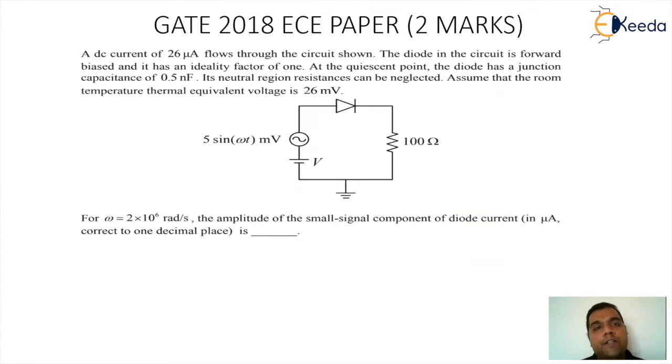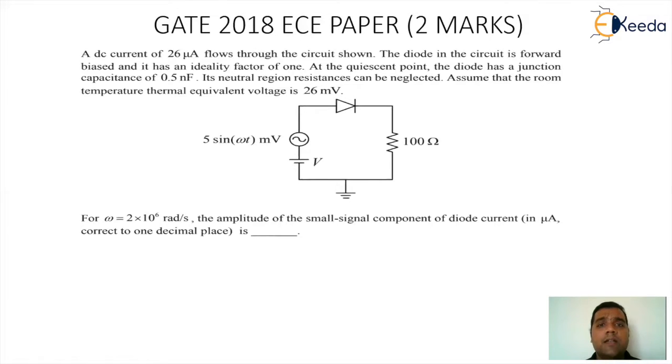So we have a question here. The question says a DC current of 26 microampere flows through the circuitry shown. The diode in the circuitry is forward biased and has an ideality factor of 1. At the quiescent point, the diode has a junction capacitance of 0.5 nanofarad.